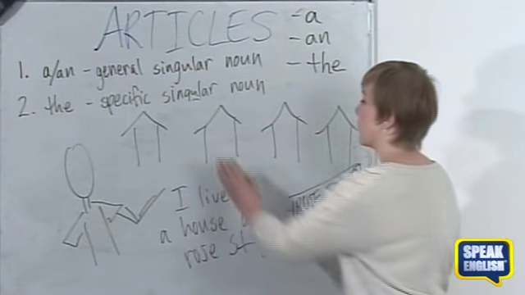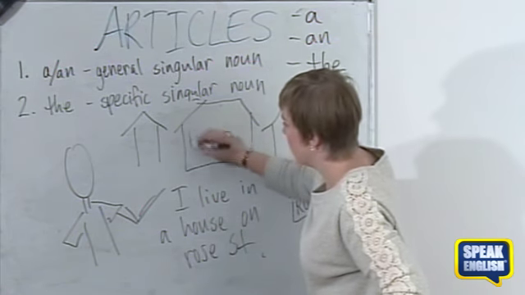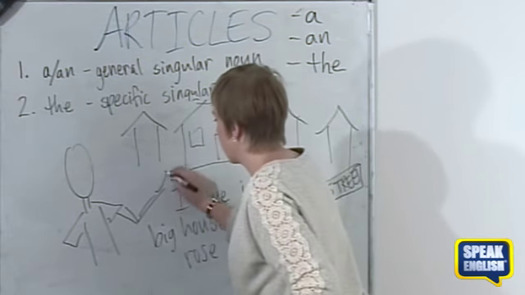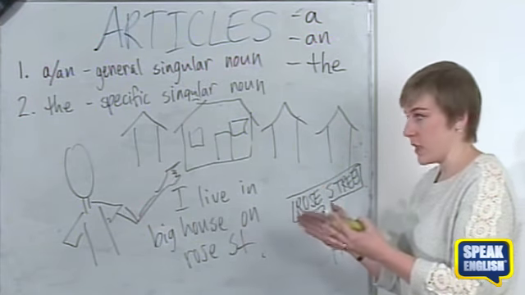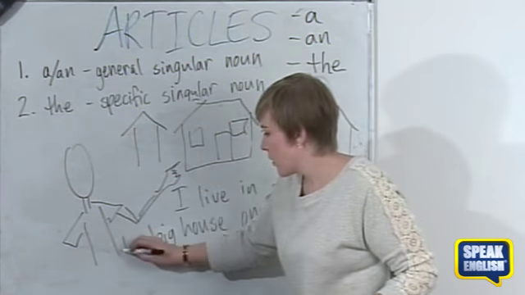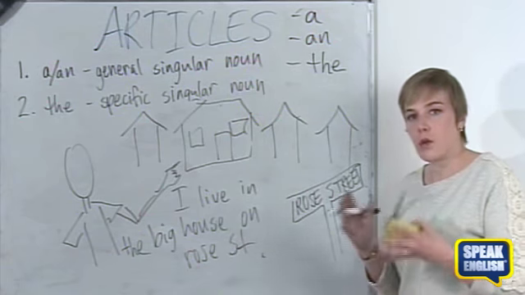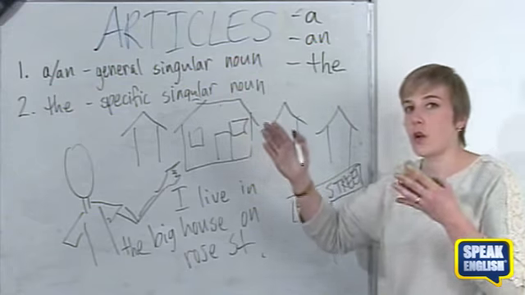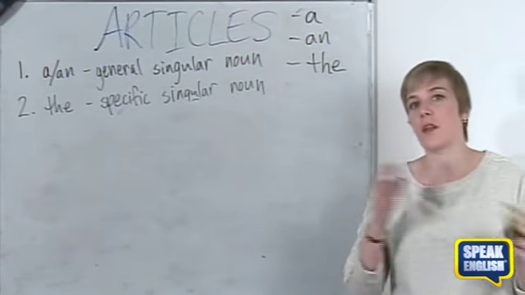I don't know. But maybe I change the sentence. I live in a big house on Rose Street. Now, it's more specific, so I want to use the. I live in the big house on Rose Street. So you have to be careful about your general singular nouns and your specific singular nouns. Let's continue to the next rule.